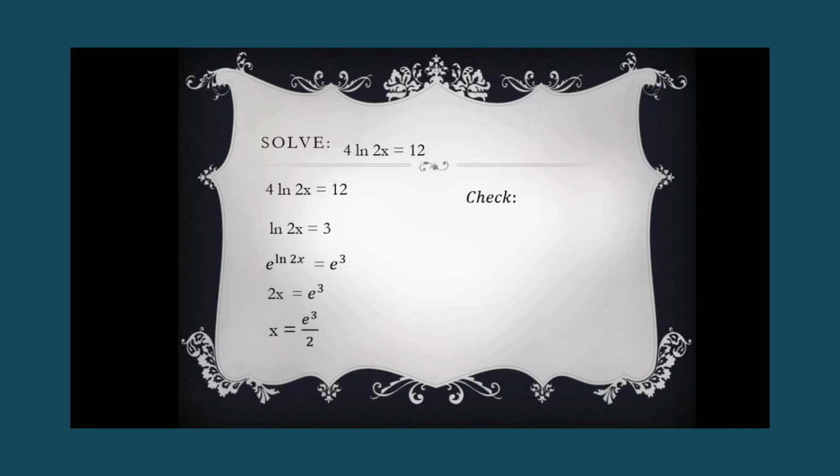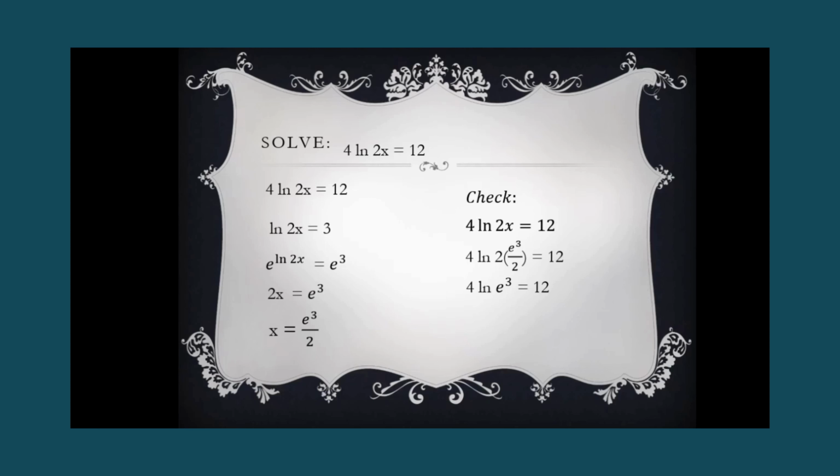To check our final answer, we're going to change our x into our final answer, which is e cubed over 2. We copy the x from our second solution. Since our main number 2 is equal to our x, it'll be a cancellation.